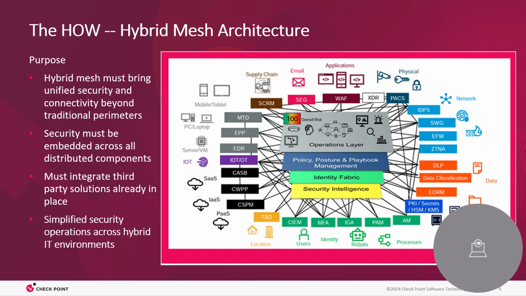As far as Check Point goes, we integrate with those other sources. Others do it differently. And we have the concept of Open Garden, where right now we are integrating with over 70 different vendors to provide for a best posture possible. And we are using that to simplify security across hybrid IT environments.